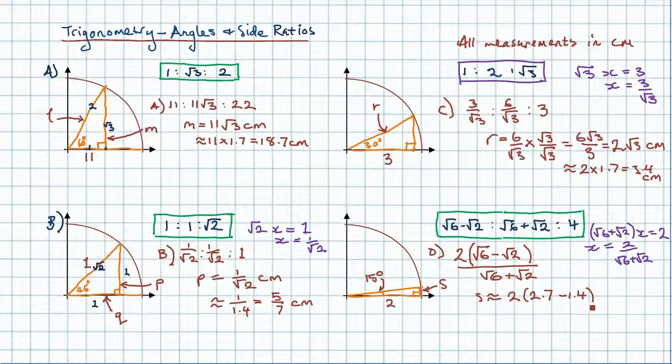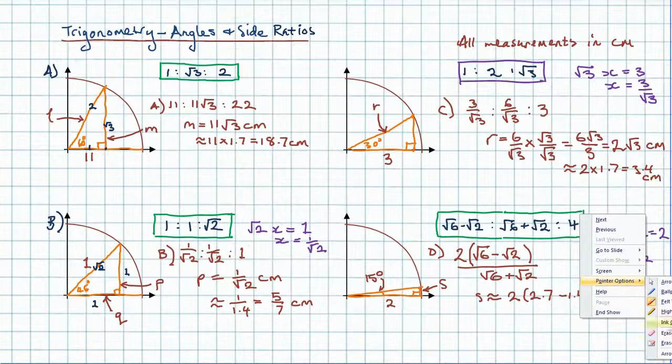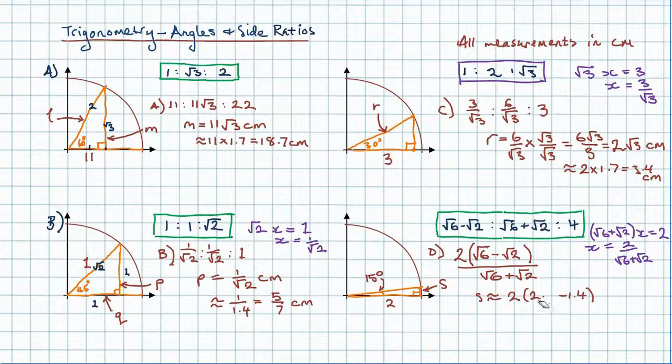Sorry, what am I talking about? I think I must be getting a bit tired. Root 6 is approximately equal to 2.5, but again, a little mistake, but good job I spotted my mistake, so I get this right. Okay, approximately equal to 2 times 2.5 minus 1.4 divided by 2.5 plus 1.4.